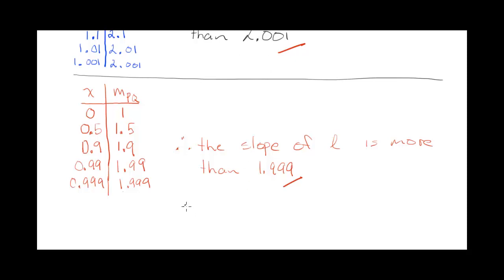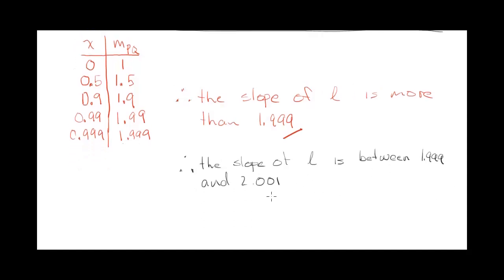So therefore, the slope of L is between 1.999 and 2.001. Well, the number 2 would be a pretty good estimate, right?